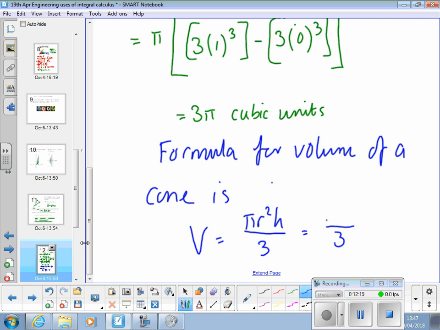Pi over 3 times 9 equals 3 pi units cubed. Yep. So it checks out with the formula.